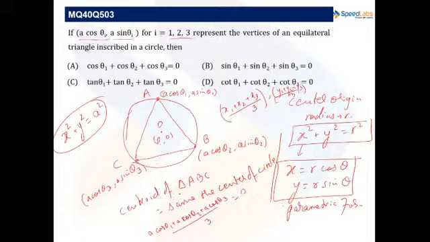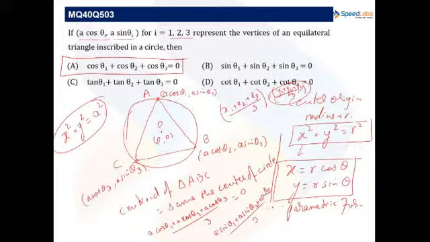So from this we will get cos theta 1 plus cos theta 2 plus cos theta 3 equal to 0. Similarly, for the y coordinate we will have (a sin theta 1 plus a sin theta 2 plus a sin theta 3) by 3 equals 0. So it will be option B.